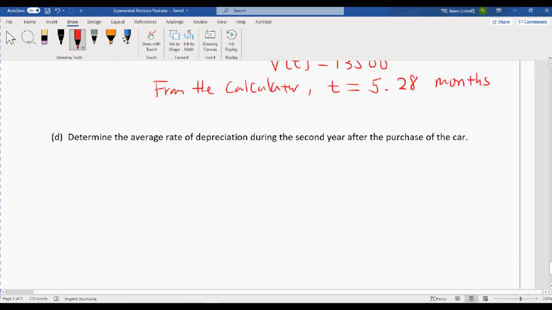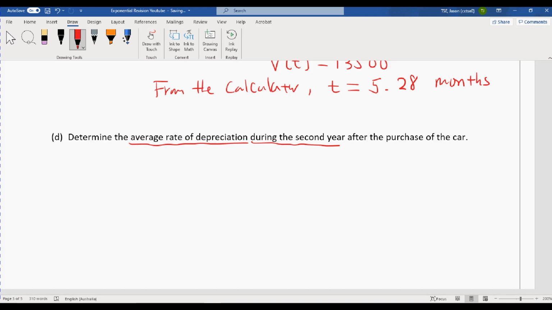Right, the last one. Determine the average rate of depreciation during the second year after purchase of the car. During the second year. So this is a tricky part. What do we mean by during the second year? That means from the end of the 12th month to the end of the 24th month, right? Because the second year is from the 13th month to the 24th month, right?